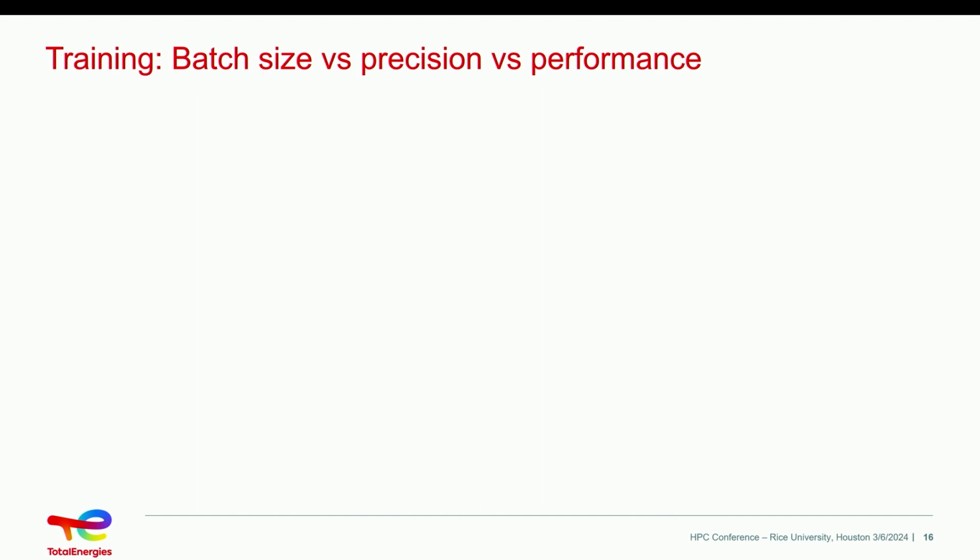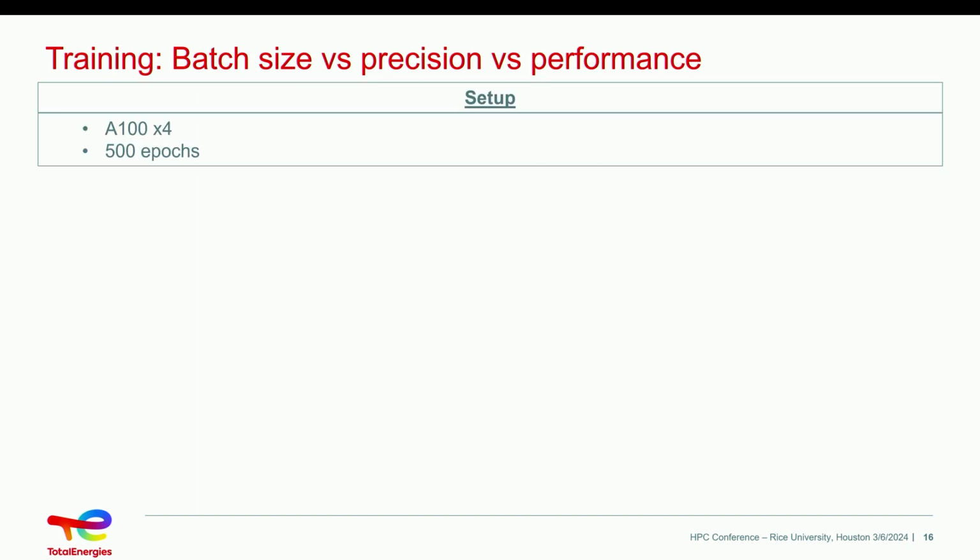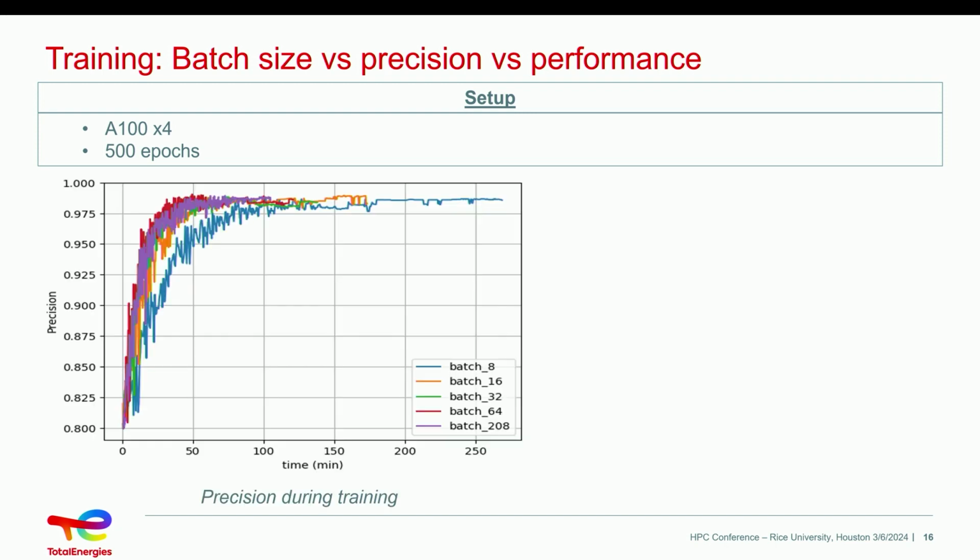Then I wanted to look at the batch size. How can I speed up the training even more, just by changing the batch size? Is it decreasing the precision? So I worked with 4 A100, still for 500 epochs, and with batch sizes of 8, 16, 32, 64, and 208, which was the maximum I was able to fit in memory.